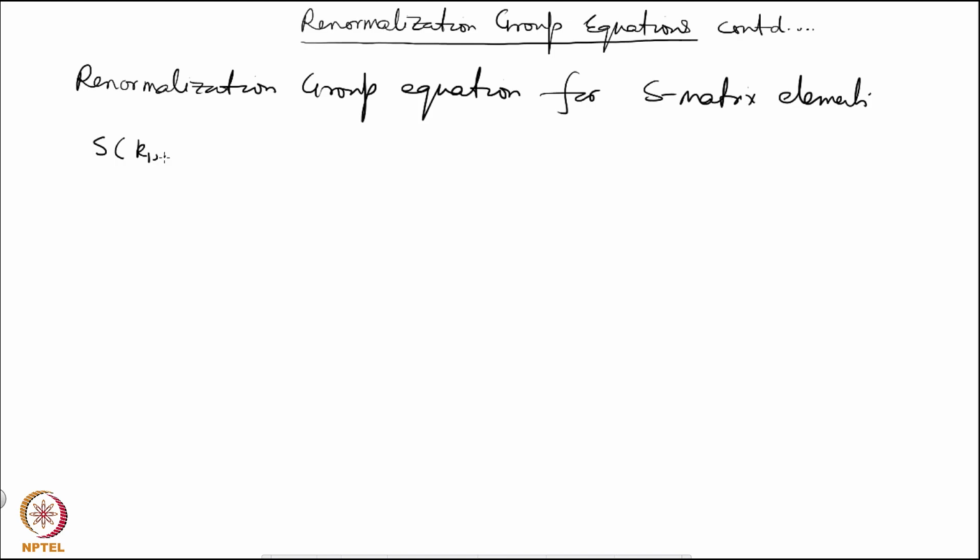So here I'm just writing that observation that we had made earlier. I'll show you in a minute where we had done that. First I write it down. I'm just making these dependencies on parameters explicit. Remember we should keep the bare parameters fixed so that the theory doesn't change.